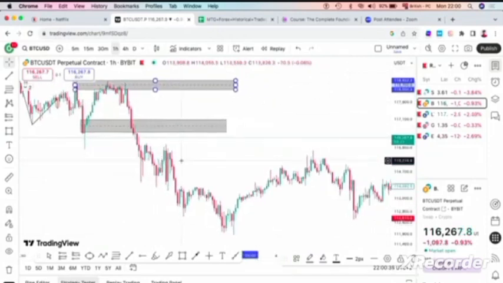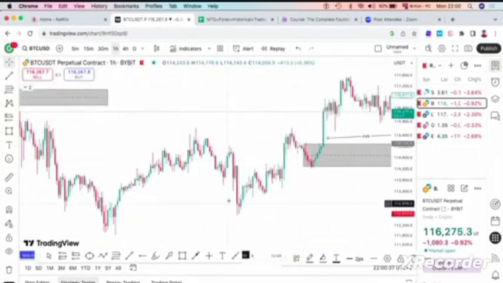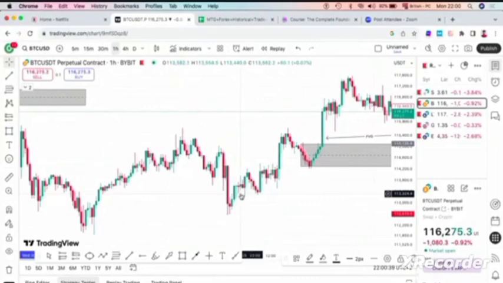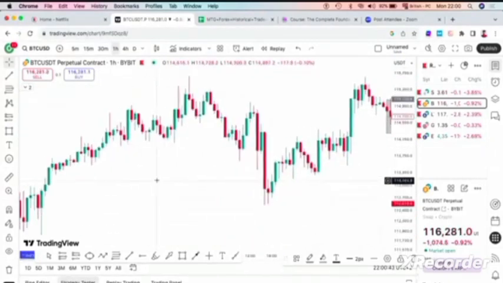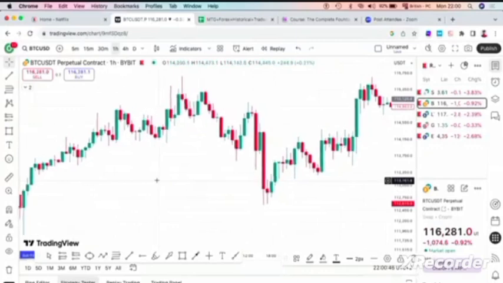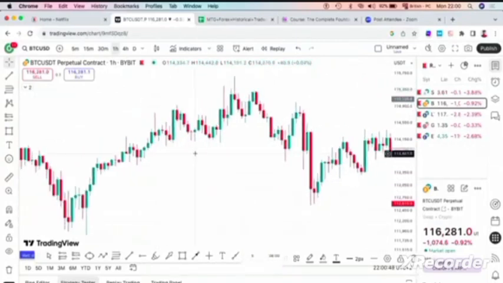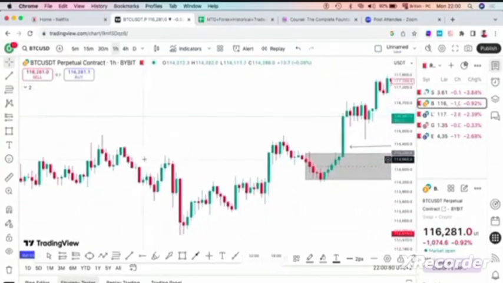Okay, so the next candlestick we'll be looking for is a bullish engulfing.